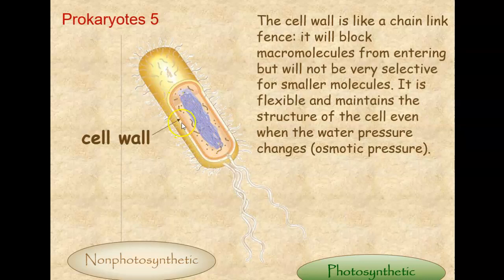Outside of that plasma membrane is a cell wall. Well, it's not like a cell wall, it is a cell wall. And what that cell wall is like is if you kind of picture a chain link fence right here, where it's got a lot of holes in it, but it gives it a hard end that you can't keep going past. So it's a hard end where that cell can't expand too much, because it has that hard structure.